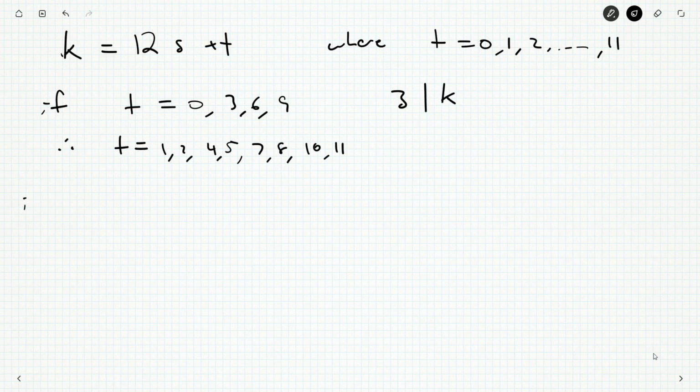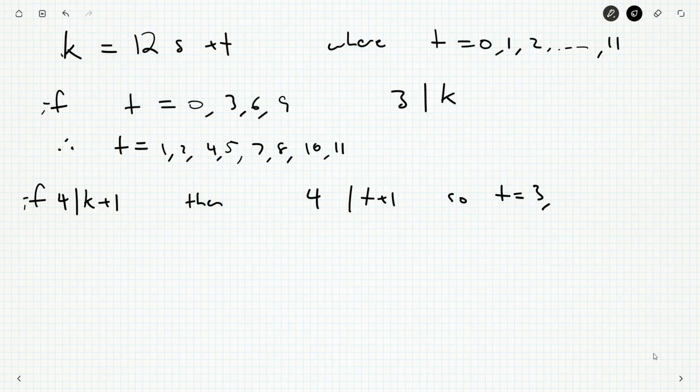All right. If 4 divides k plus 1, then 4 divides t plus 1. So t must be equal to 3 or 7 or 11. But t can't be 3.